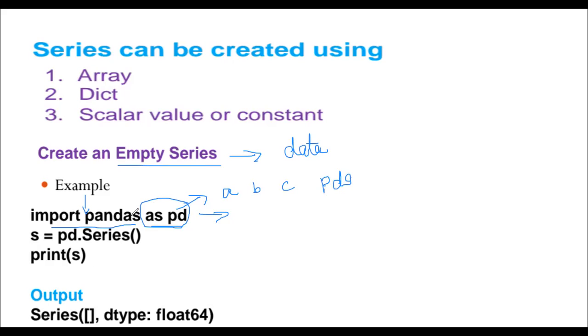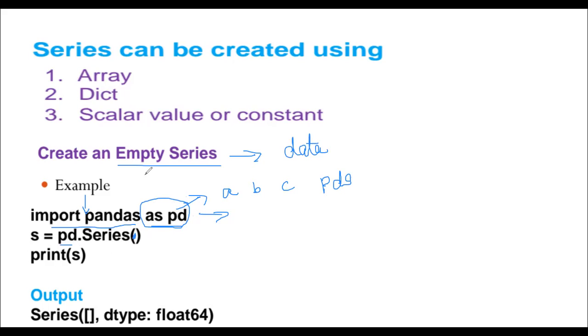Now you see s is equal to pd dot Series. Suppose if you write import pandas, then you have to type s is equal to pandas dot Series. Instead of that, I have used the alias pd over here. So I am using pd dot Series, just the open bracket and close bracket, and inside I am not passing any value.